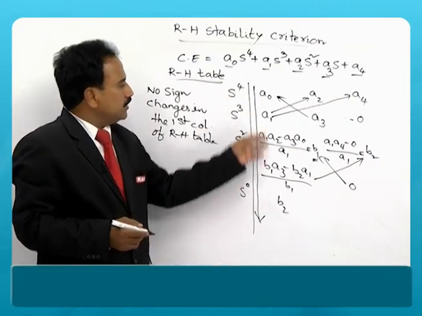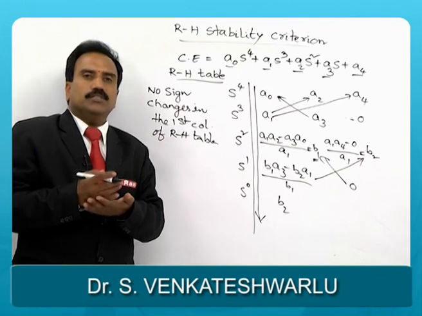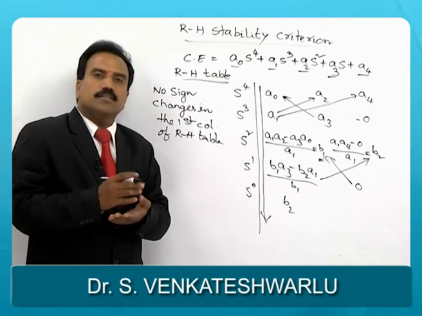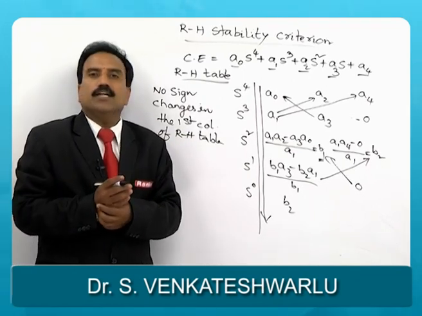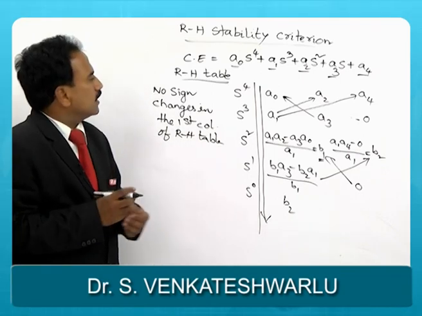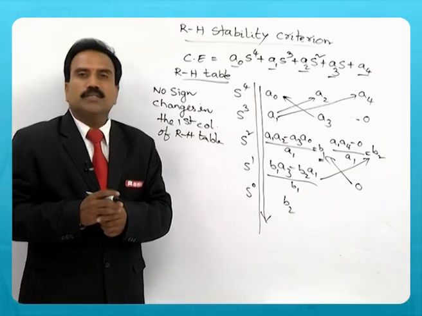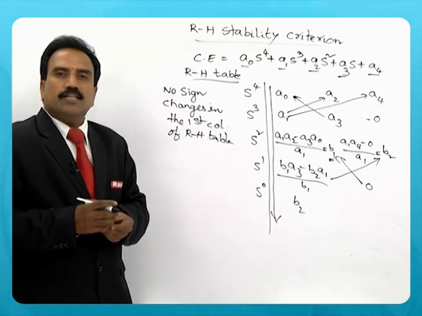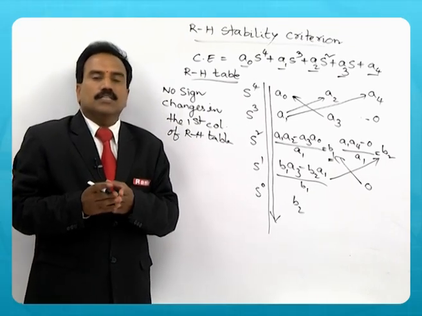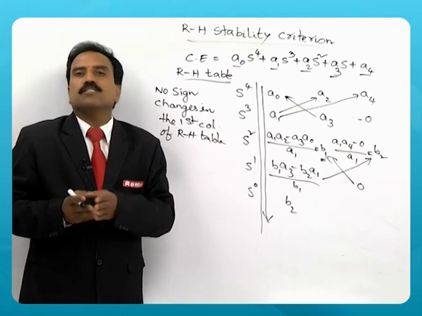If there are any sign changes, the number of sign changes in the first column indicates that many roots lying in the right half of the S plane. So let us consider one problem based on this RH stability criteria, and let us see what are the methods to assess the stability of the system.